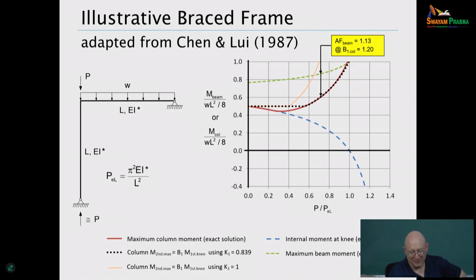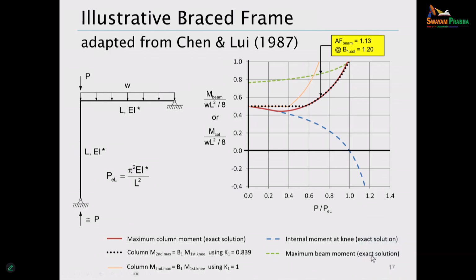The moment keeps getting smaller and smaller as we increase the axial load P until when we get to P over PL of 1 here, the moment is 0 at the knee. So we looked at that moment diagram earlier. And then as we increase P over PL even further, we get basically a reversal of the moment at the knee.